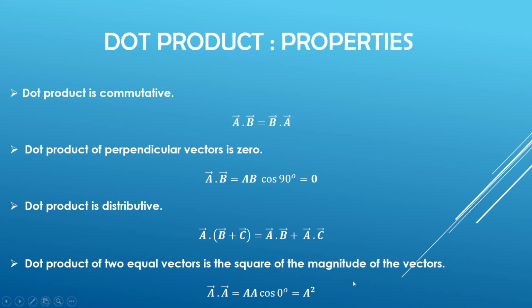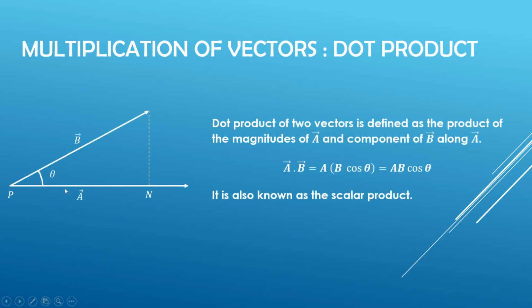Then the dot product of two equal vectors. What is the dot product of two equal vectors? A vector dot A vector. Let me go back to the previous slide. If A vector is dot producted with itself, then the angle will be theta equals 0 degree, because both of the vectors will lie on the same line.